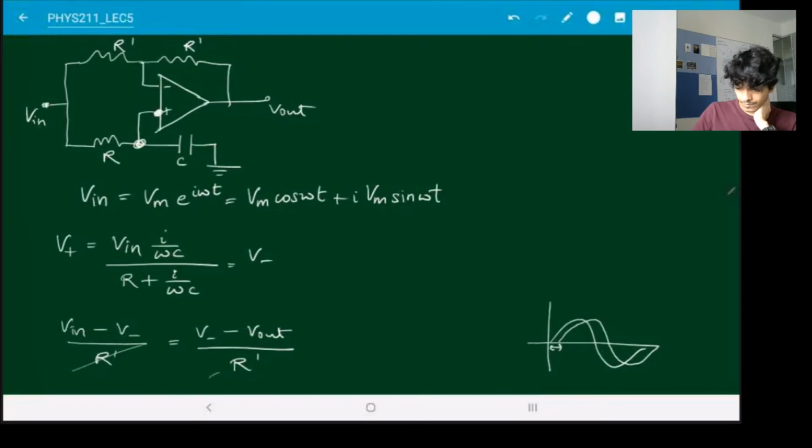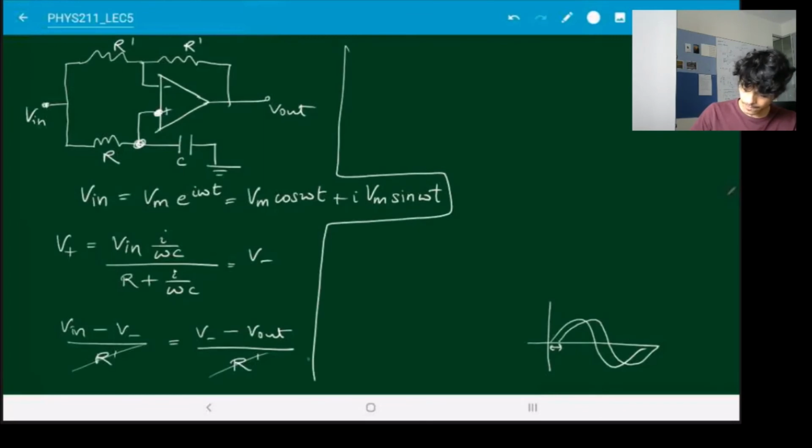Now thankfully R prime cancels out, so the equation becomes a little easier to solve. So you see V out is going to be twice V minus minus V in. Remember, V minus and V in are both complex voltages right now.